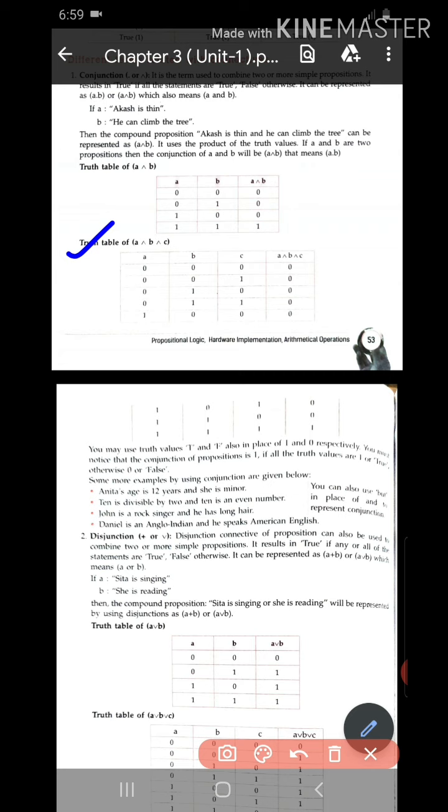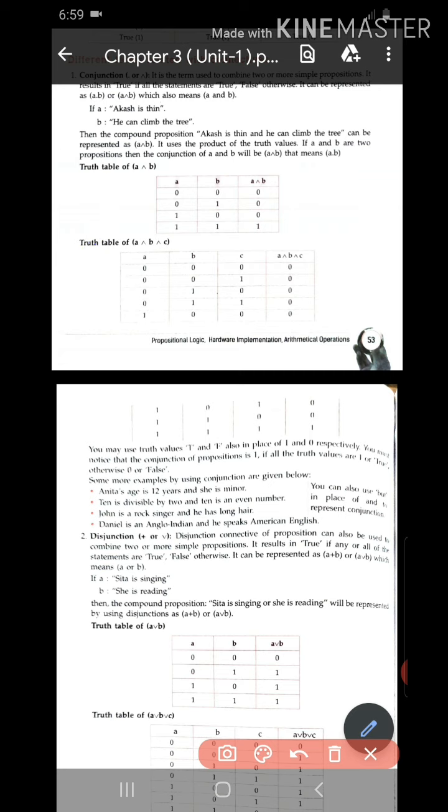See, I told you earlier, when we are creating a hexadecimal table, octal table, the same way you have to create all these things. When we are having three variables, then you have to create an octal table.